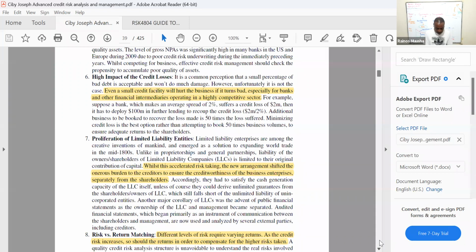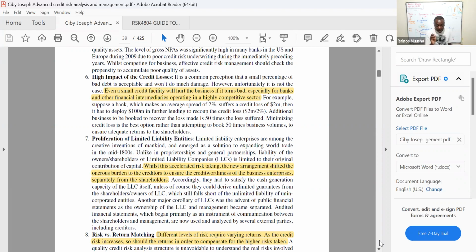the business enterprise, separately from the shareholders, which means that as a supplier of credit, you are not able to attach what the shareholder of the obligor owns privately, unless in very unique circumstances.